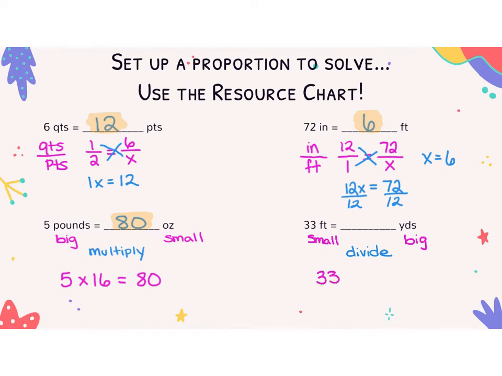We have 33 feet, and we will need to divide by how many feet are in a yard. On our STAR resource chart, we see that 3 feet are in 1 yard. So we will divide 33 by 3, and when we do, our answer is 11. So there are 11 yards in 33 feet.